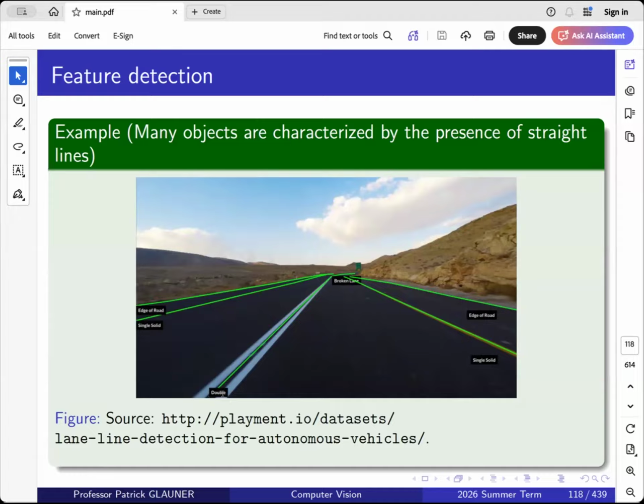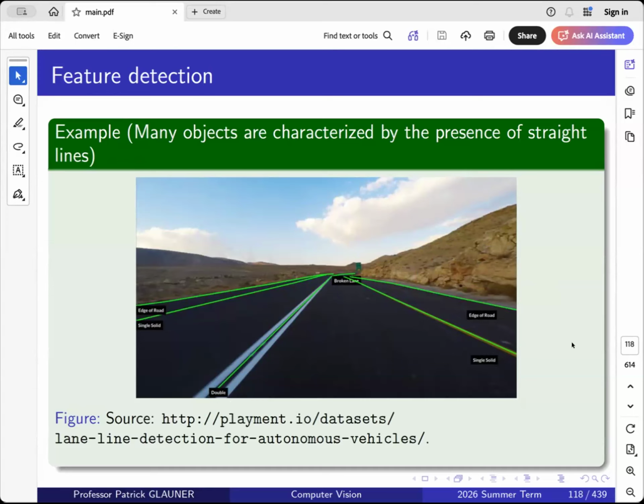These straight lines are typically either purely natural or purely artificial, because in the natural world we hardly have a lot of really long straight lines, but it's here what humans have built. And these straight lines could be helpful for object detection. They could be helpful for the autonomous car, so it knows where to drive and all of this.